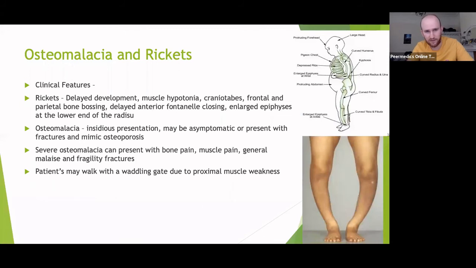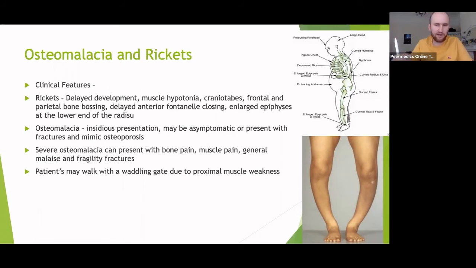So these are the clinical features. That photo in the bottom right is very common. That's your rickets, basically. Often I've seen questions linked with that photo, or one like it. But you're also going to see muscle hypotonia, delayed development, craniotabes, which I hadn't heard of before.